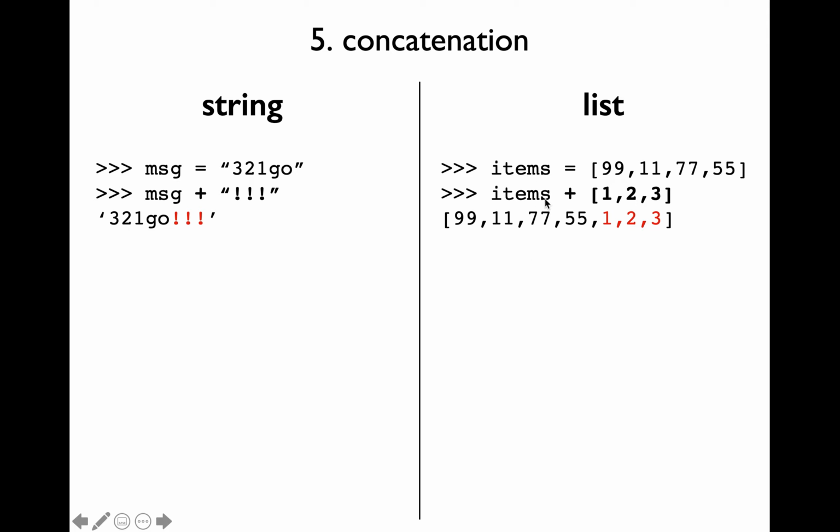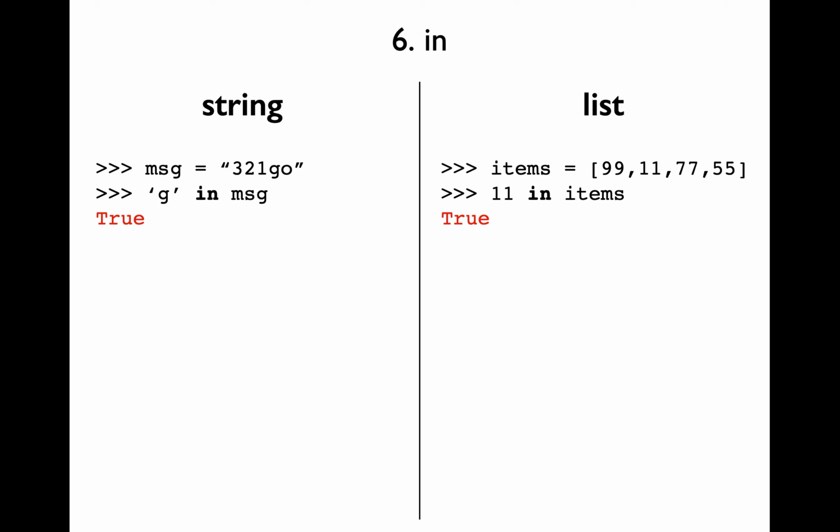Similarly, you can concatenate one list sequence with another list sequence. That's just going to take the items in the second list sequence, and it's going to join both of those together to produce a brand new list which contains all of the items from both of the list sequences.